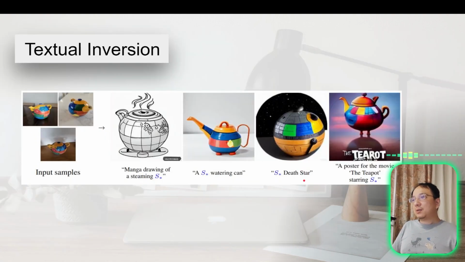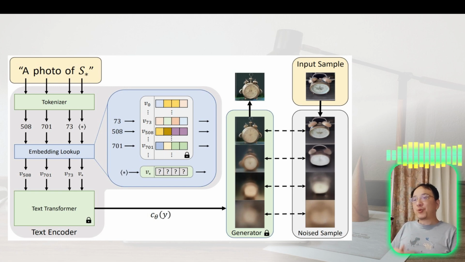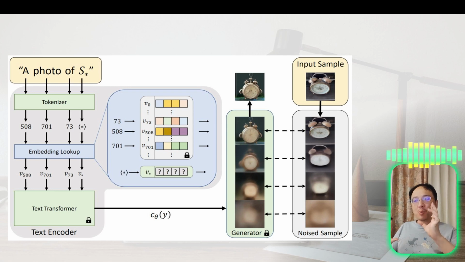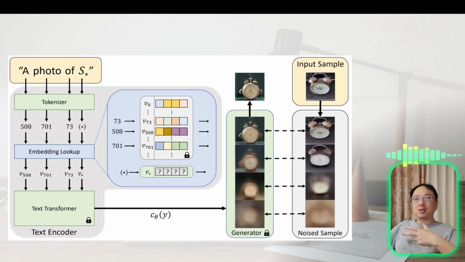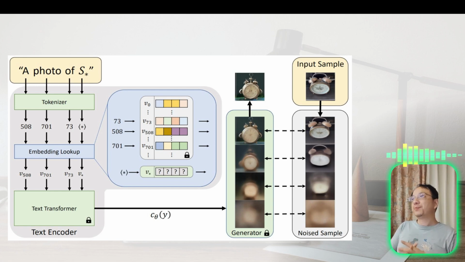So the idea is that we add this new vocabulary into the Stable Diffusion system. First of all, we have to add one more vocabulary into the text encoder. The text encoder is kind of like the transformer architecture that we introduced in a previous lecture. It contains a tokenizer and a text encoder to encode the whole string into a latent.